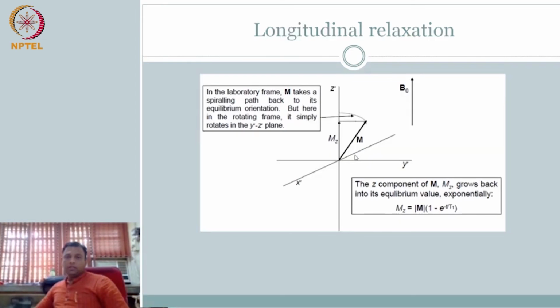Okay, so now your longitudinal relaxation can therefore be modeled as a rising exponential. In the rotating frame of reference, with axes x dash, y dash, z dash, this vector M, right? Mz is increasing. Okay, so why does this happen? This happens due to natural loss.